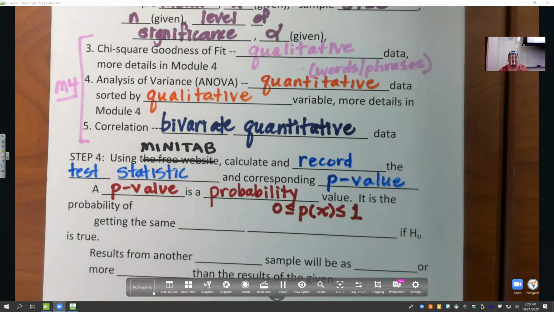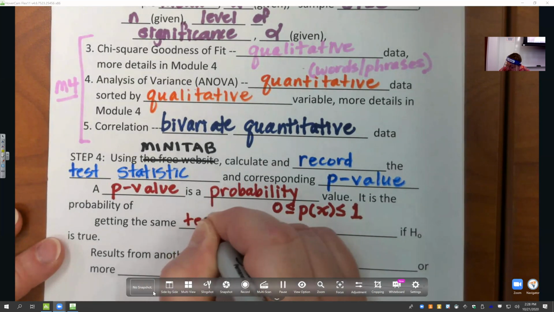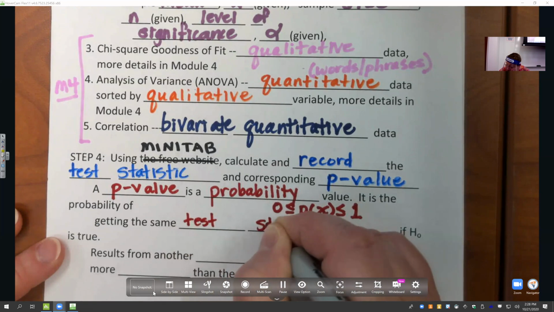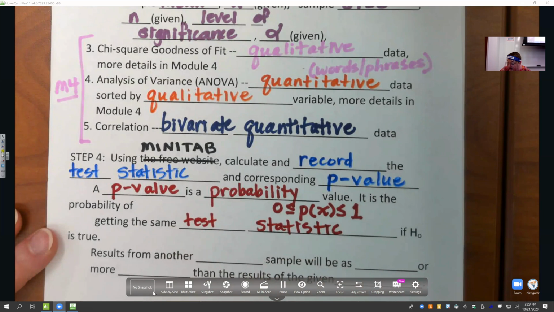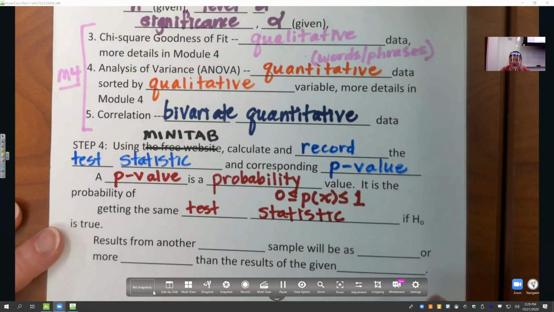What that probability value represents, and this is where it sometimes gets a little hinky for students, or you're going, what? Okay, here's what it means. It is the probability of getting the same test statistic over and over and over if the null hypothesis is true.